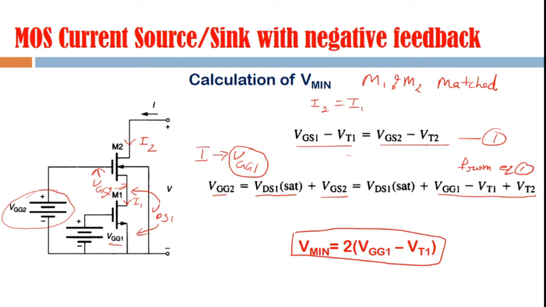After that we have seen that it is possible to use a MOSFET as a current source. For that purpose the MOSFET should be biased in the saturation region only, because only in saturation it acts as a constant current source.